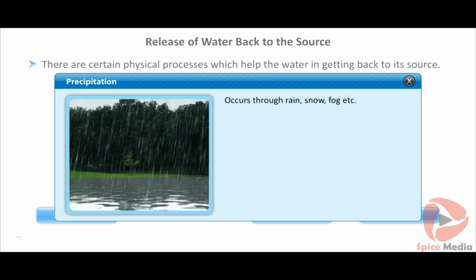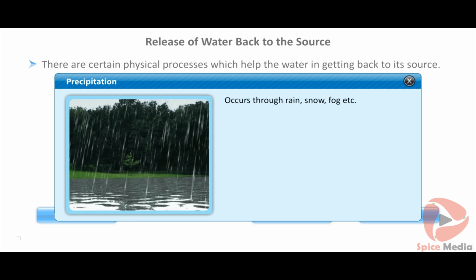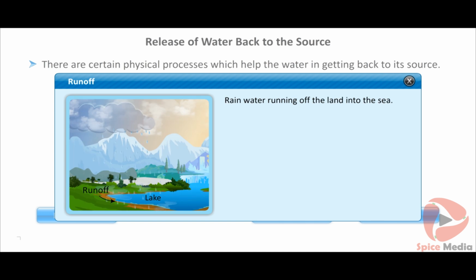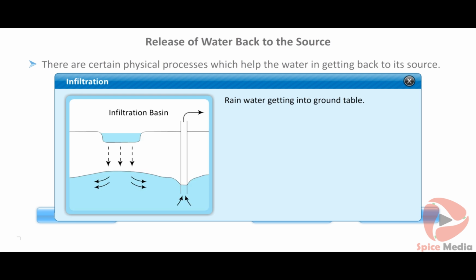Precipitation occurs in the form of rain, snow, or fog. Runoff. Rainwater runs off across the land and finally reaches the sea. Infiltration. When the water is running off the ground, part of it gets infiltrated from the surface into the ground, becoming a part of the groundwater table.